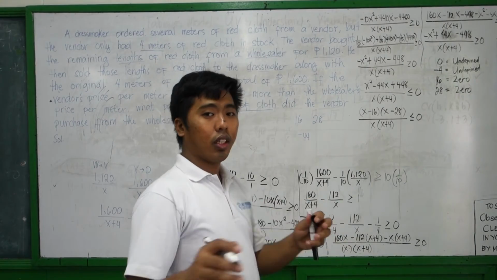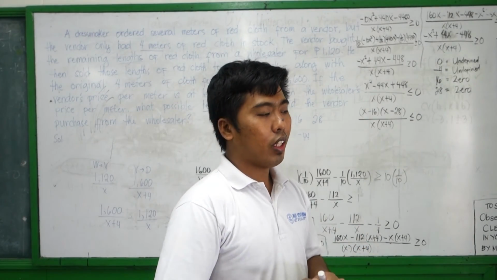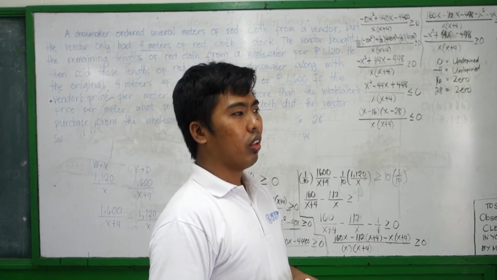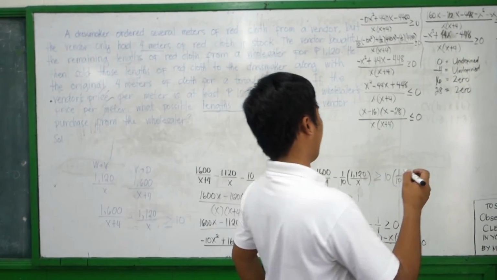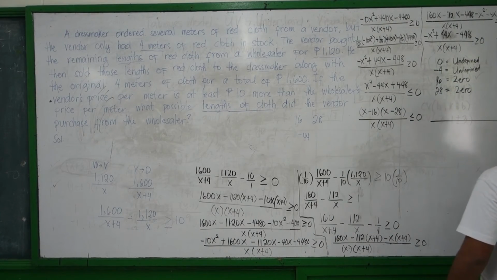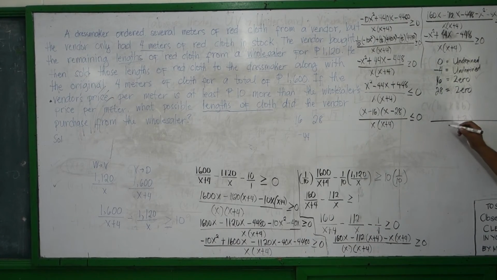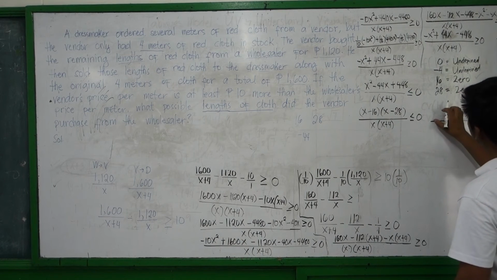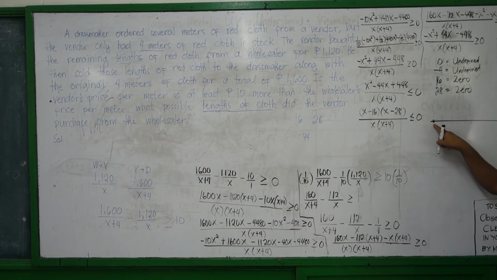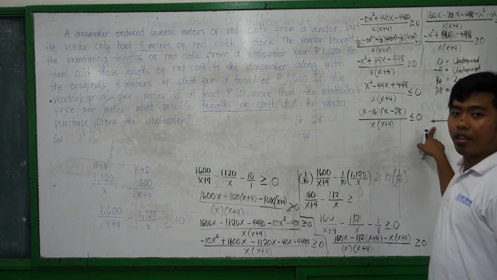So let's make a line graph. I forgot the line graph. So this is negative 4. Since that is undefined, it is a hollow circle, not shallow.